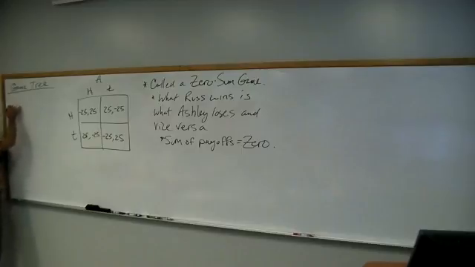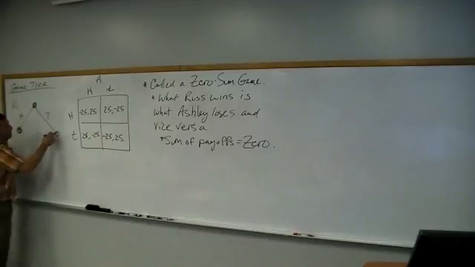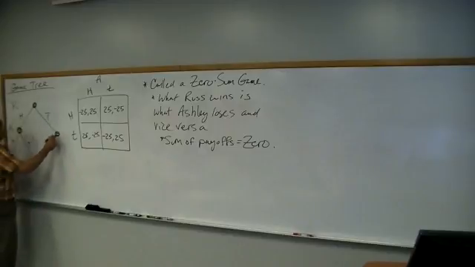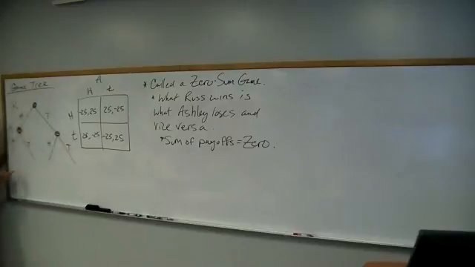Here's how it works. We have Russ choosing to go with a head or a tail. And then we have Ashley at this level of the tree choosing to go with a head or a tail. And then the results are given at the end of the branches.